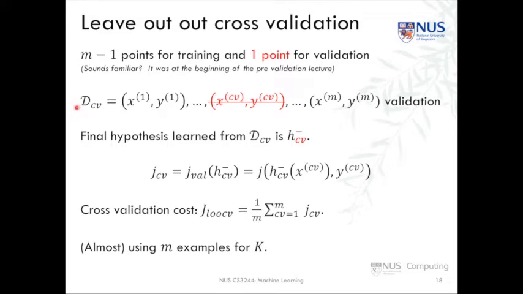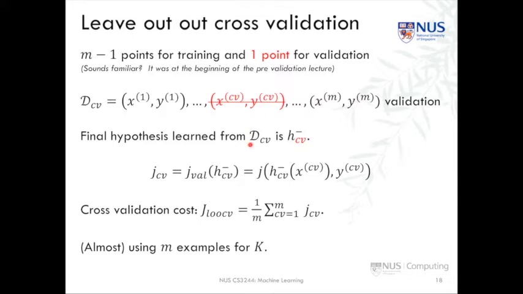In leave one out cross-validation, the idea is to exactly choose one of these points out of the total m possible. Let's call that point CV, and take this point out of the training data set and use it just for validation.